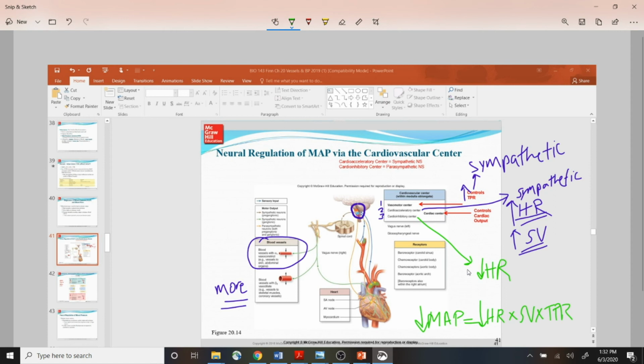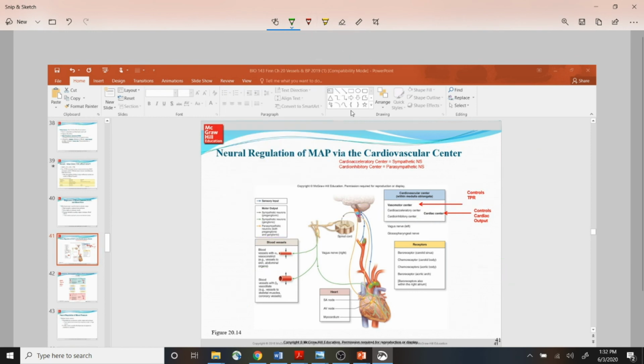Now, with any negative feedback mechanism, how does the cardiovascular center know when to activate its cardioacceleratory center, when to activate its cardioinhibitory center, when to activate its vasomotor center? How does it know? With any negative feedback mechanism, you've got to have sensors.